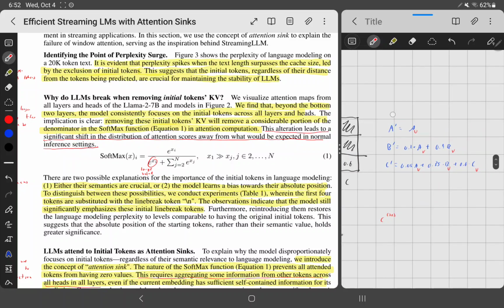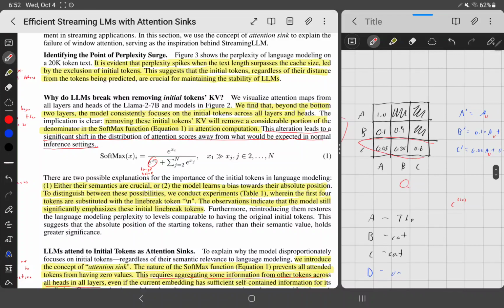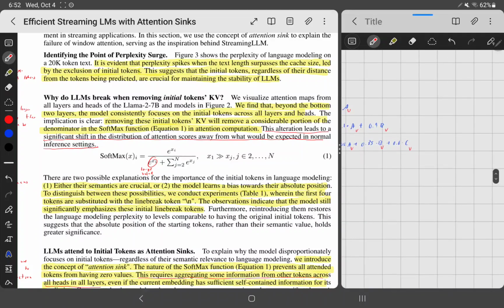So you can think of A prime, B prime, and C prime as multiplying by a distribution. This is essentially your distribution, and that tells you how your output token is going to be created. So your distribution would look something like this.